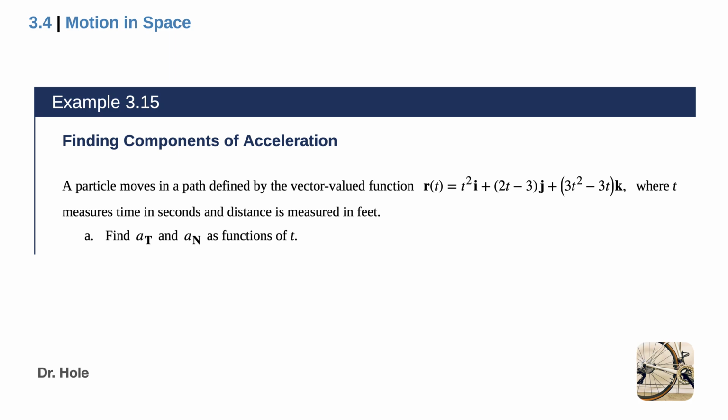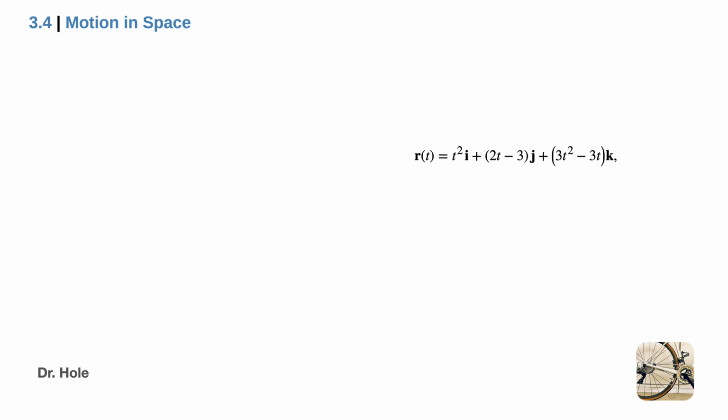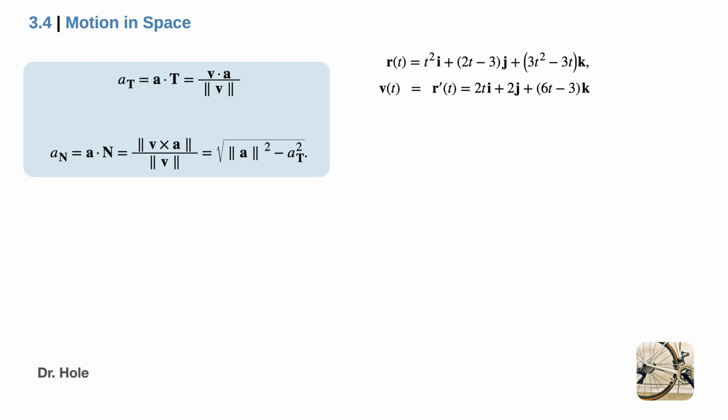Let's make use of those formulas, which I've given for you to verify, in this example 315. Let's go ahead and copy out the position vector. Off to the left are the formulas that you're going to verify. And then taking a derivative of position, we get velocity. And then we can write out acceleration.